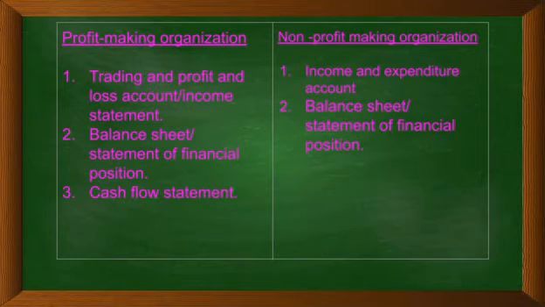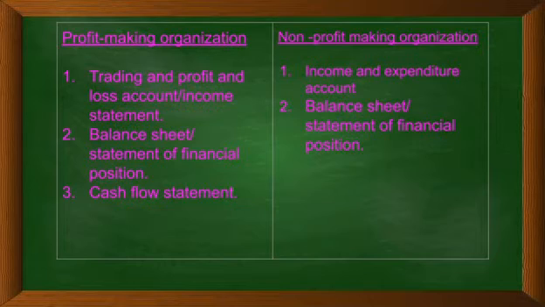Now, students, there are two types of business organization operating out there. We have the profit-making organizations and the non-profit makers. In accounting, financial statements are prepared for both the profit-making organizations and the non-profit making organizations.